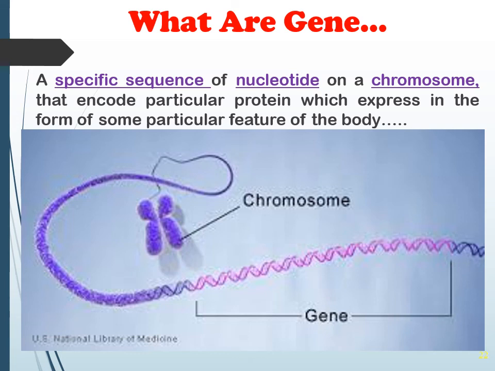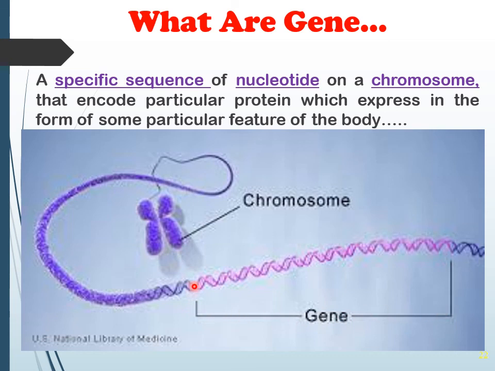Now, if you see in this diagram, if this is the chromosome, we will uncoil this chromosome so as to form a long chromatin. Now from chromatin, if we remove the histone part, then we will get a single thread of DNA. And out of this single thread of DNA, this particular part is called a gene.